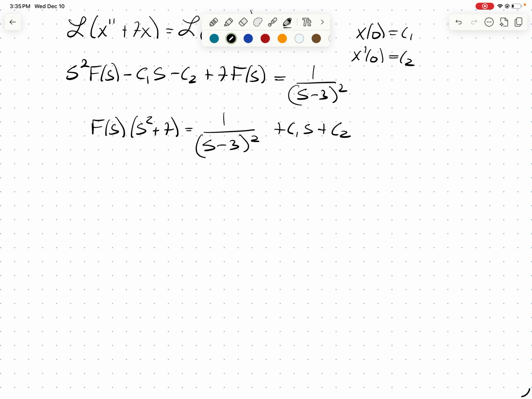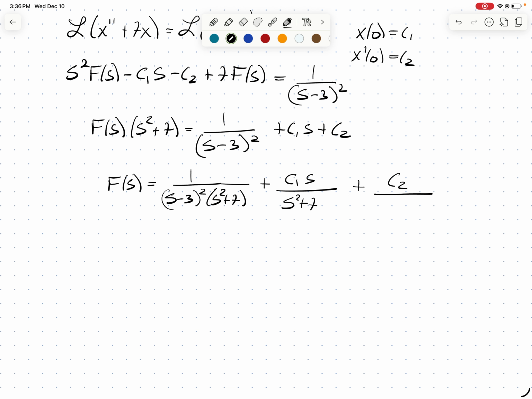And then I'm going to divide, and so I end up with F of s equals 1 over (s minus 3) squared (s squared plus 7), plus c1 s over (s squared plus 7), plus c2 over (s squared plus 7).